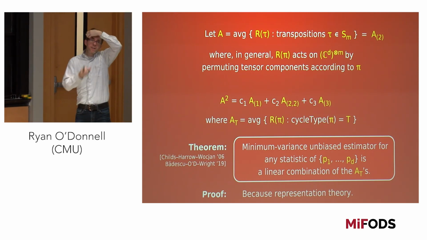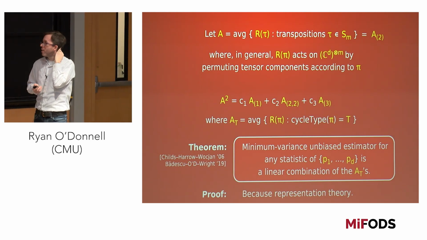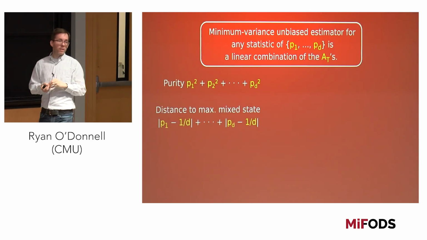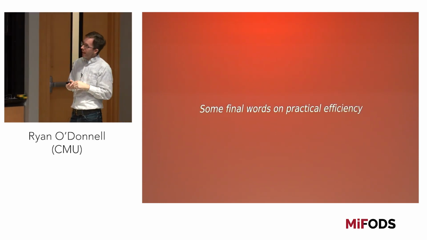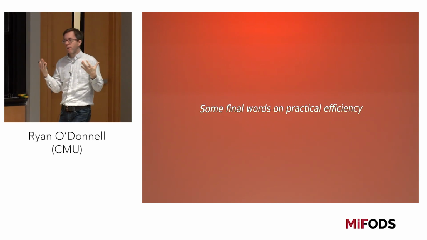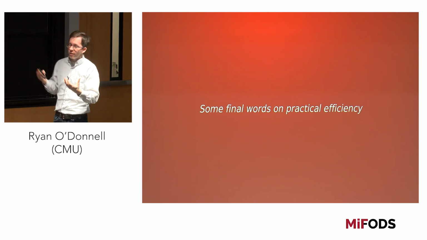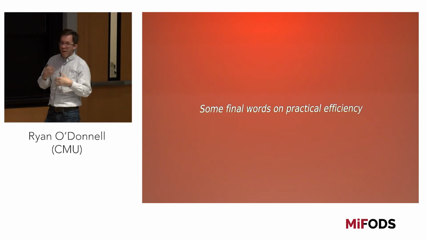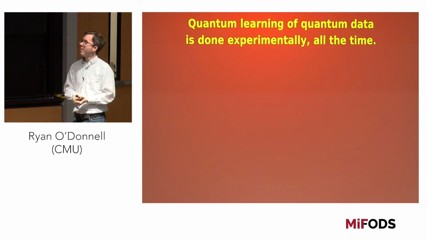So in the last 10 minutes or so, I want to say some final words about all of this related to practical efficiency. Because on one hand, I told you at the beginning of this talk that quantum learning of quantum data is in some sense not a far future fiction. People are always doing it whenever you're running a practical quantum physics experiment.